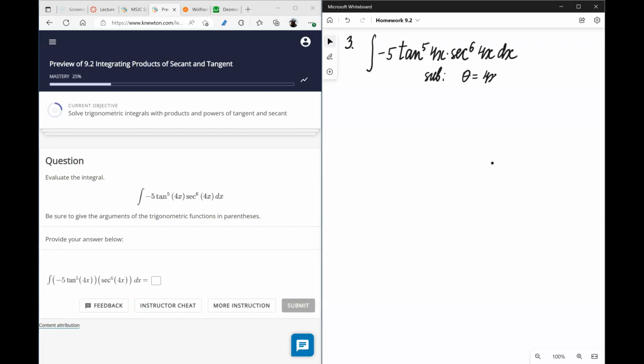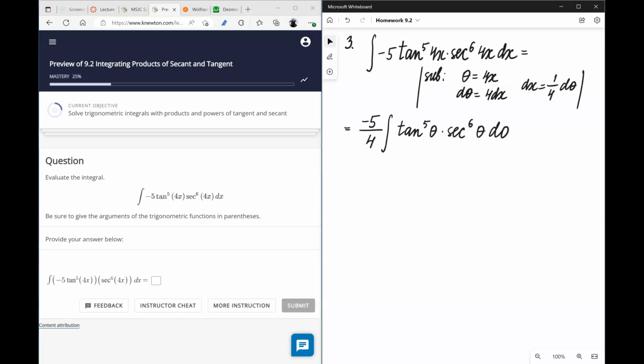Theta is equal to 4x, so d theta is equal to 4 dx, meaning dx is equal to 1/4 of d theta. Now, -5 comes out, and then 1/4 also comes out, so we have tangent to the power 5 of theta times secant to the power 6 of theta d theta.